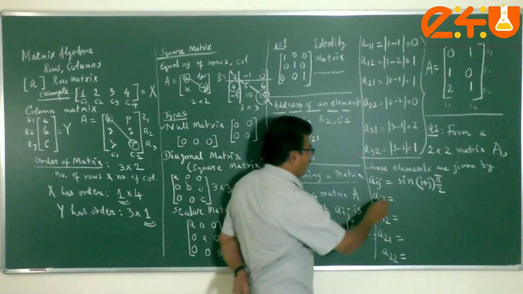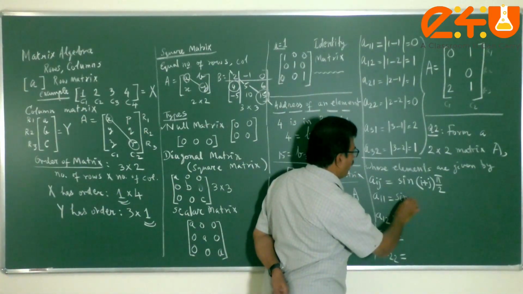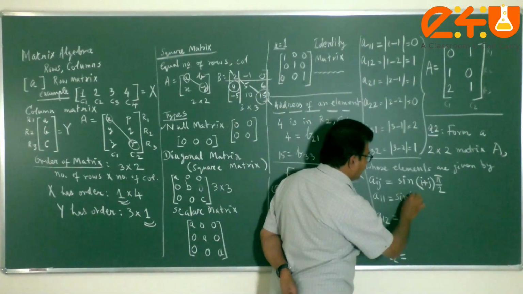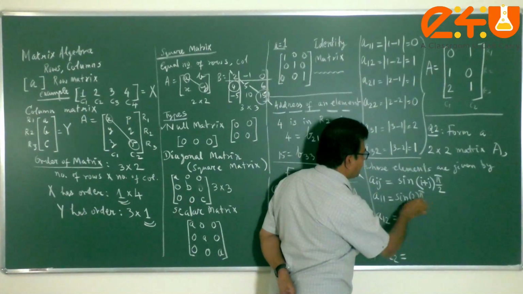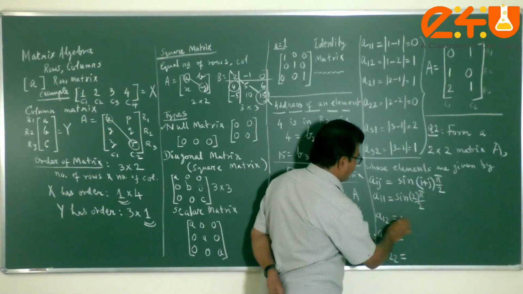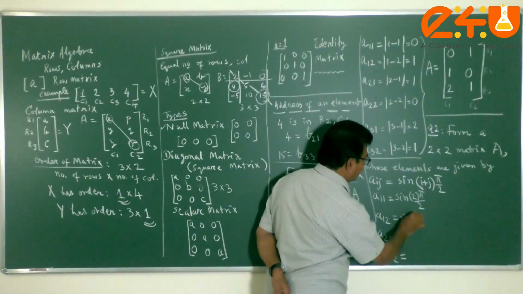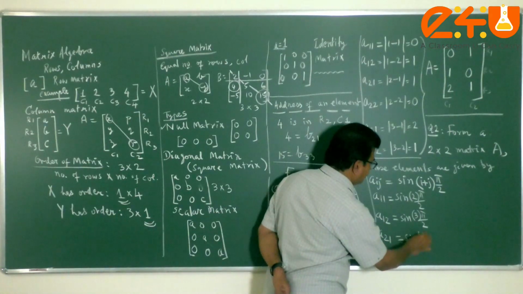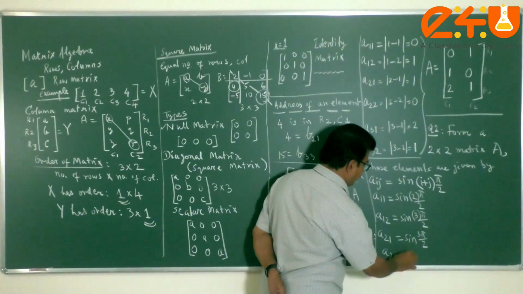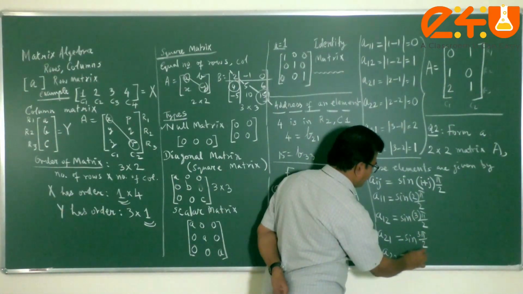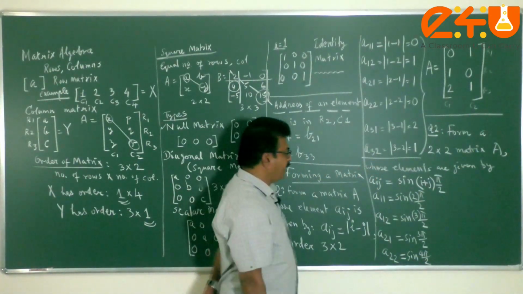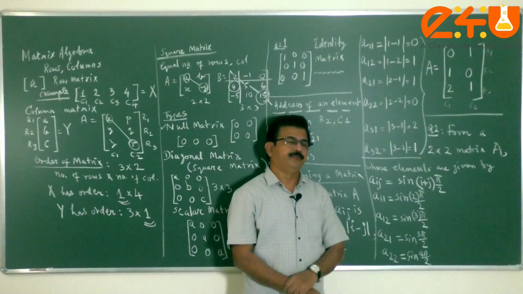Let us start evaluating. Sine of 1 plus 1, I am writing already the added sum here. Continue. Here it will be the sum 3. Here also the sum 3. Here the sum becomes 2 plus 2, 4. i plus j is 4 times pi by 2.